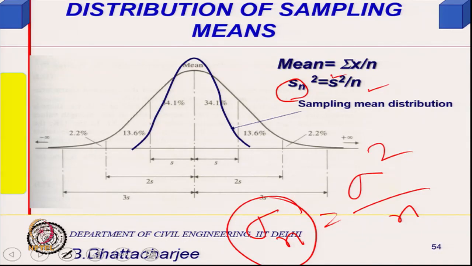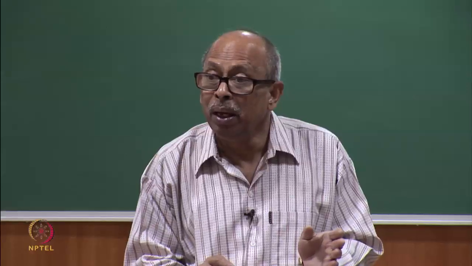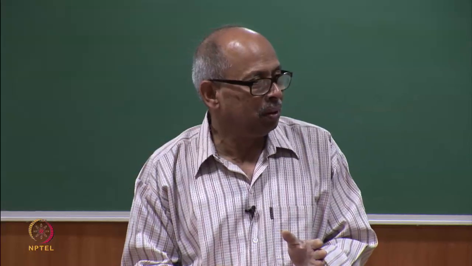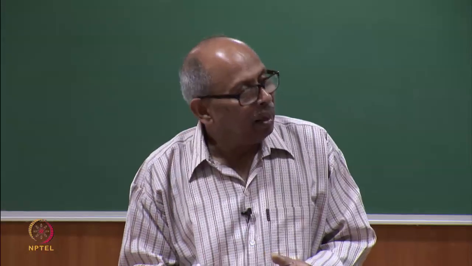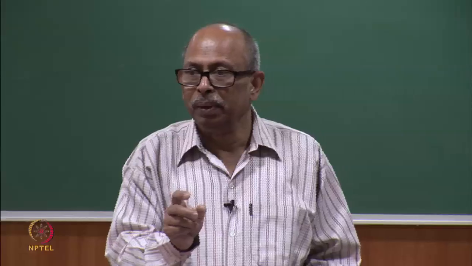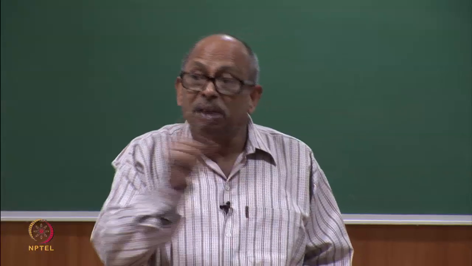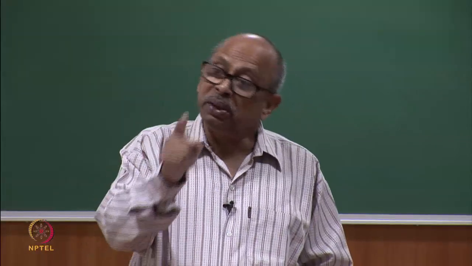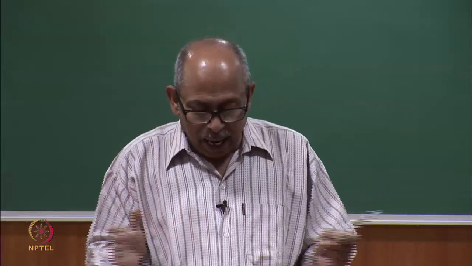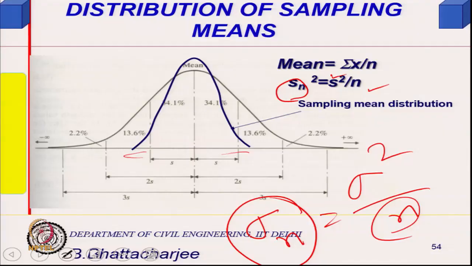So, supposing I have n equals 4, the standard deviation of the sampling mean will be the population standard deviation divided by 2. If I take 3, it will be under root 3. If I take 3 and take their mean, the standard deviation of such means will be the population standard deviation divided by under root 3, because I am squeezing down, reducing down.